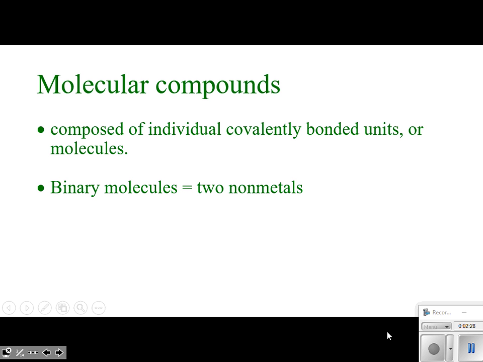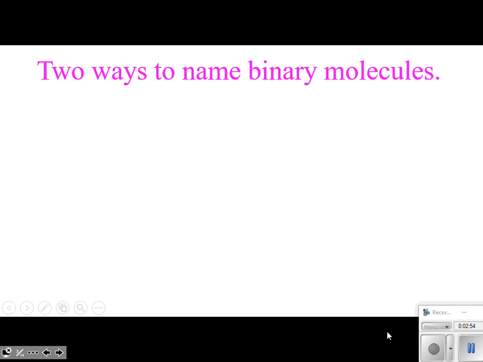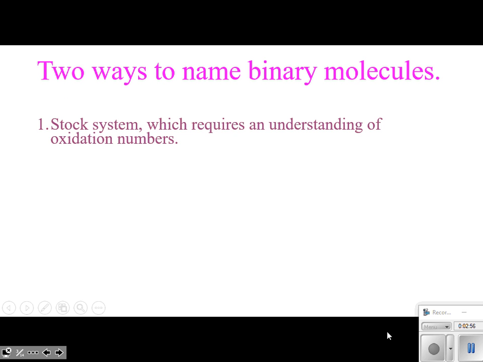Binary molecules will consist of 2 nonmetals. So, when we talk about ionic bonding, we were talking about a metal and a nonmetal. When we are talking about covalent bonding, we'll be talking here about 2 nonmetals. As I said, there are 2 ways in which we will name these.